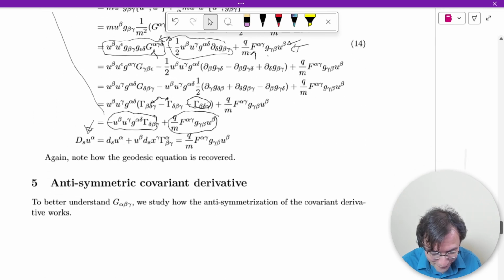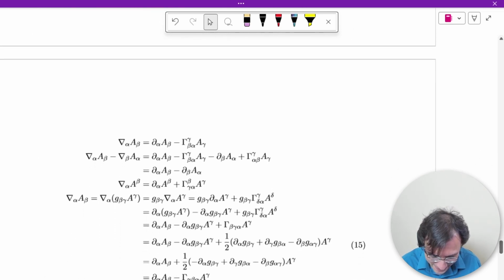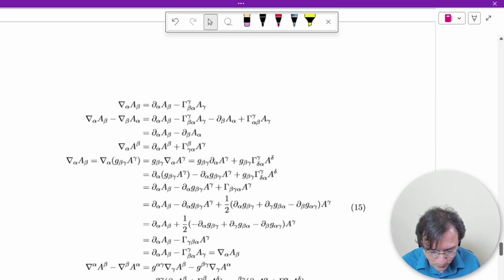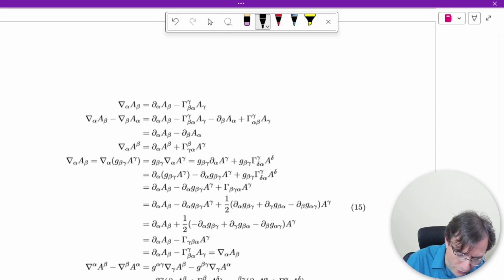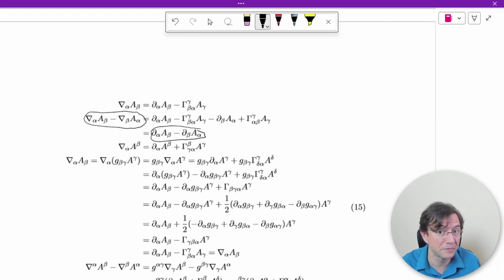Another thing that I did to try to understand what the thing is: if you do some calculation, you know that the anti-symmetrized covariant derivative on a vector is always equal to the anti-symmetrized standard partial derivative.